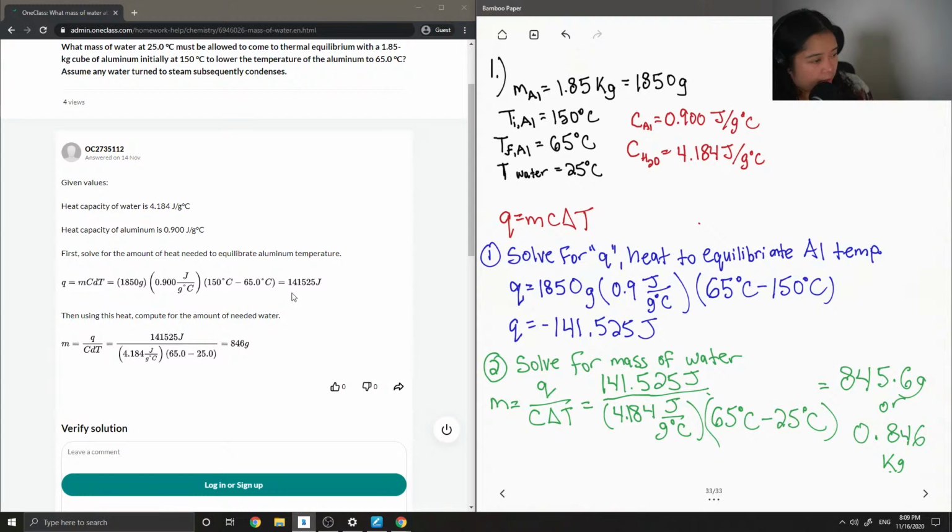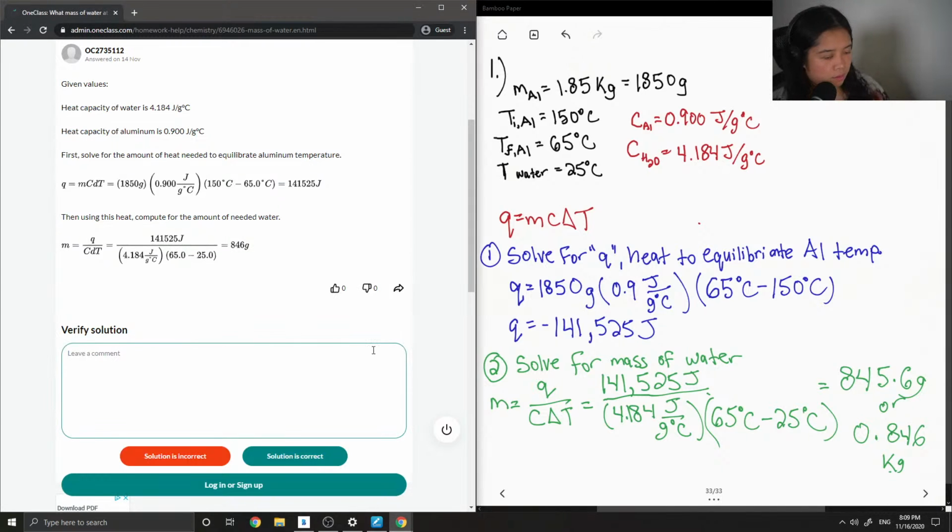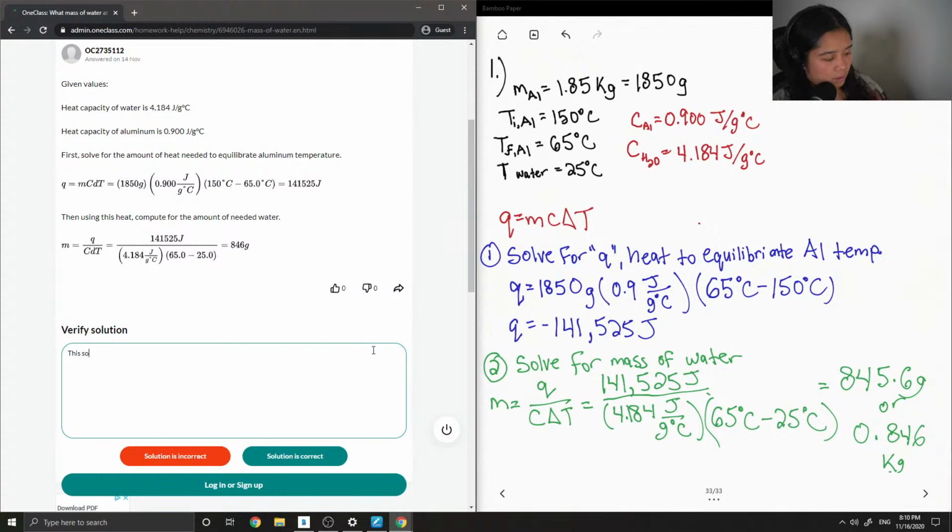Okay, and they got the 141,525 joules. Then, using this heat, compute for the amount of needed water. Okay, and they also got 846 grams. So I can say that this solution is correct.